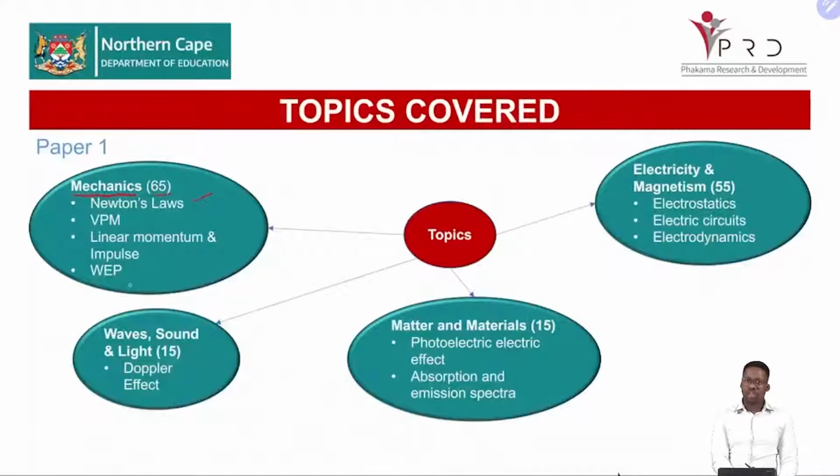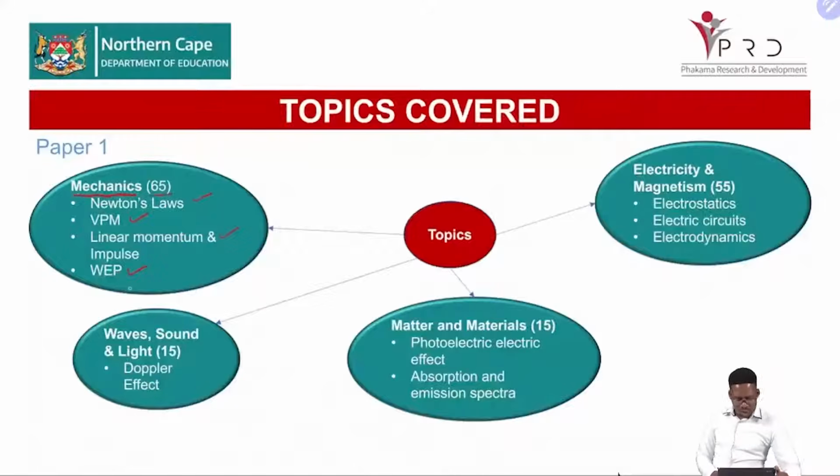It is your question 3, vertical projectile motion. It is your question 4, momentum. It is your question 5, work, energy and power. So these are the topics that you must expect from mechanics. We are saying on the paper, they will account for an estimated mark of 65 marks.